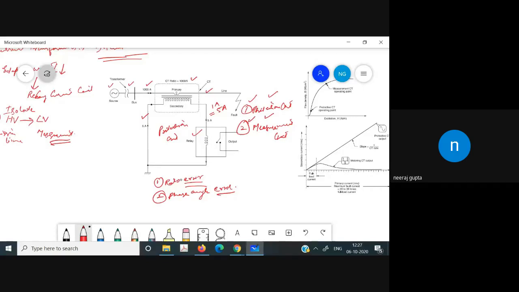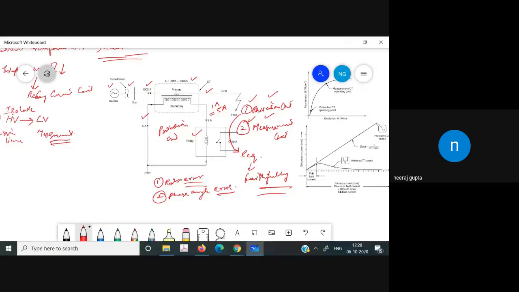We have the CT which is used for protection also and measurement also. So what's the difference between that? Sir, for protection, it should be very sensitive. Not sensitive. You can say that in the protection circuit, the requirement is that it will faithfully give us the current, whatever be the current, because that's the protection system.